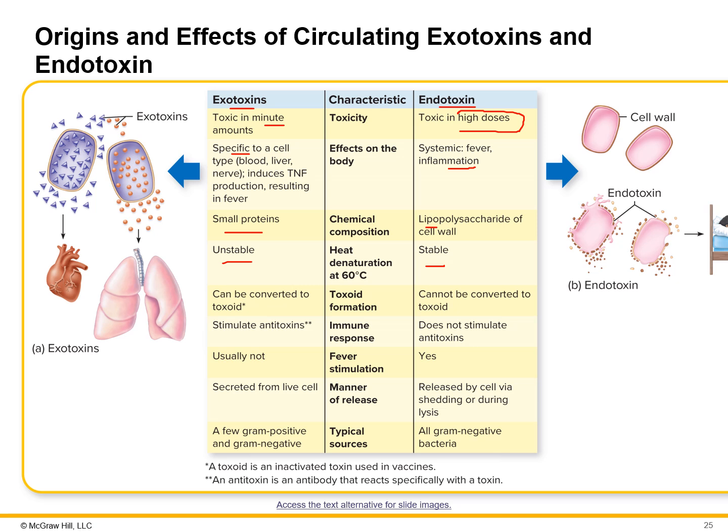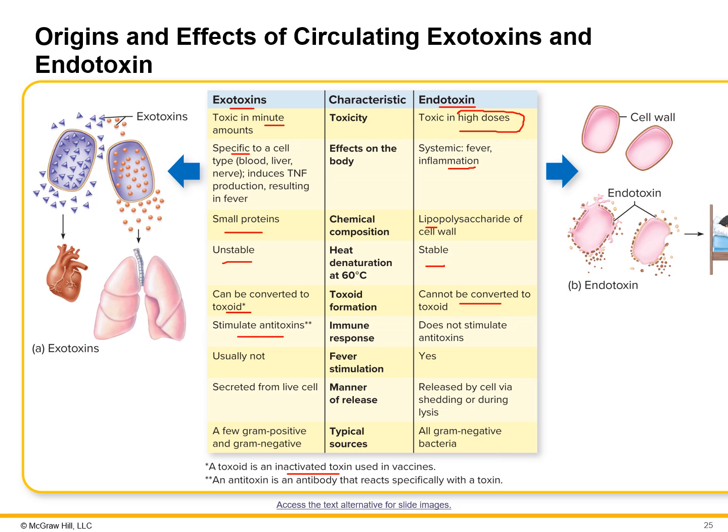Exotoxins can be converted to toxoids, and a toxoid is just an inactivated toxin used in a vaccine, so they can be destabilized, and it's a way of training the immune system against it, so it can be used to help make vaccines. LPS, endotoxin, cannot be inactivated to be used as a potential vaccine.